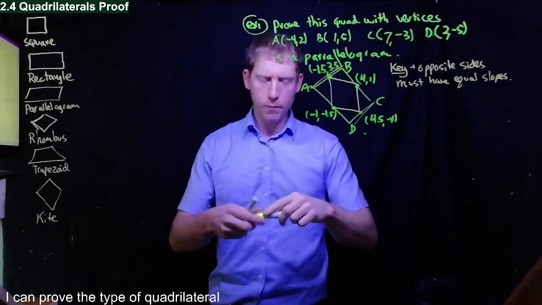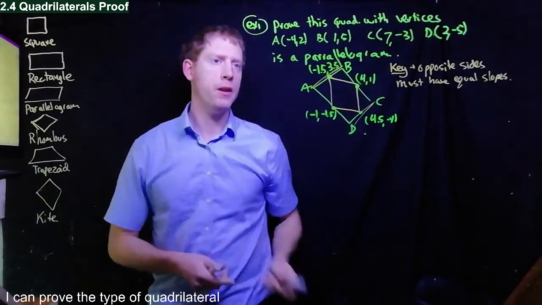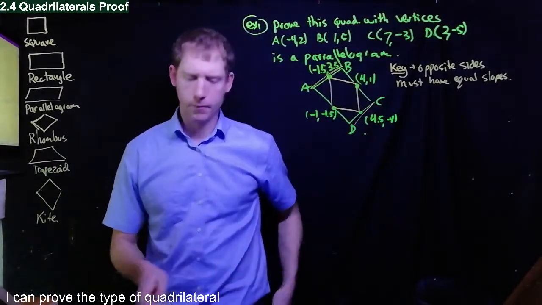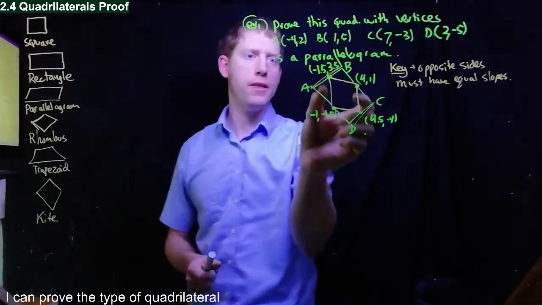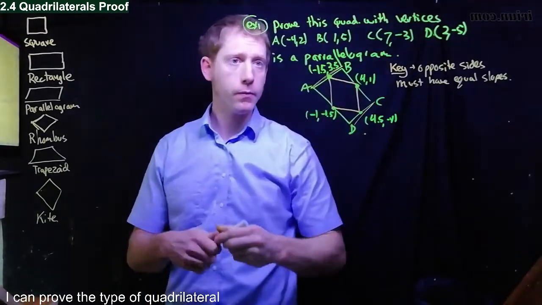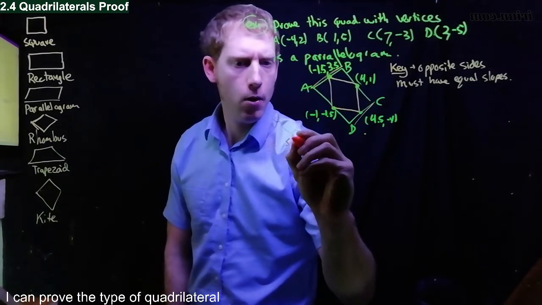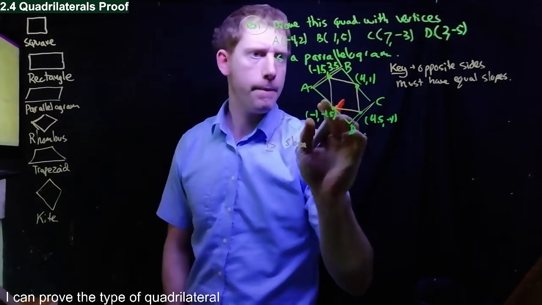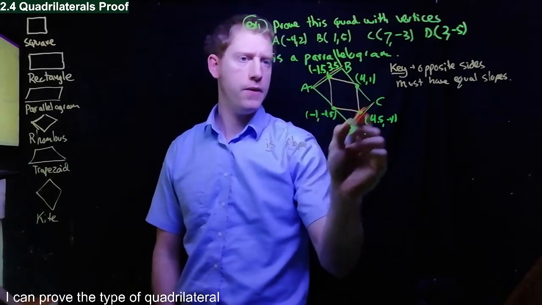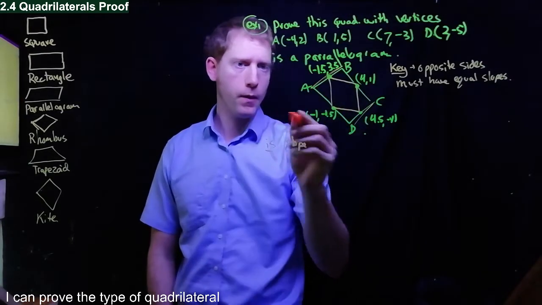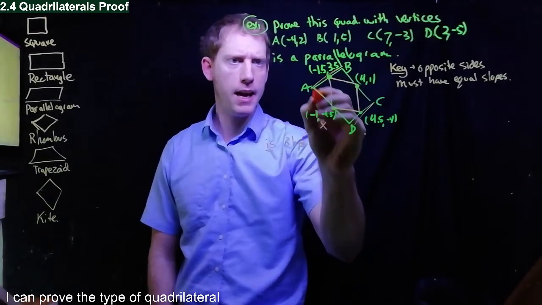So then what we do is determine the slope and make sure that these slopes are the same. Let's give these guys new coordinates. This is x, y.